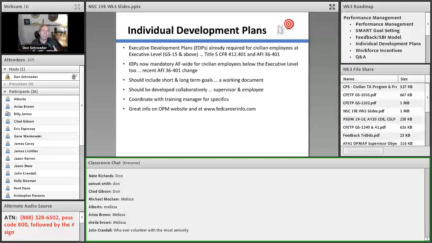Fifth bullet, if you got questions about anything in developing an IDP for your civilian employees, talk to your training manager, especially your civilian training office, right? They know all the ins and outs when it comes to IDPs. Sixth bullet, right? The OPM website has some great information on it, and also www.fedcareerinfo.com is a great example. If you go to the OPM website and you just type in the term individual development plans, that page comes up and it gives you all kinds of examples of IDPs that you can use.